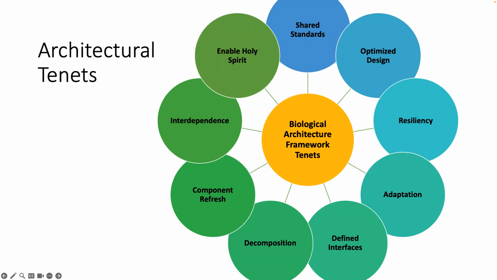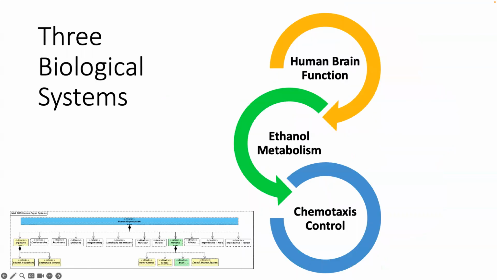So I really don't have time to go into the details of each one of these architectural tenets, but you can pause the video and look over those in more detail. I may go ahead and record a longer version of this to go through those details, especially if I see that there's interest from folks who'd like to see that.